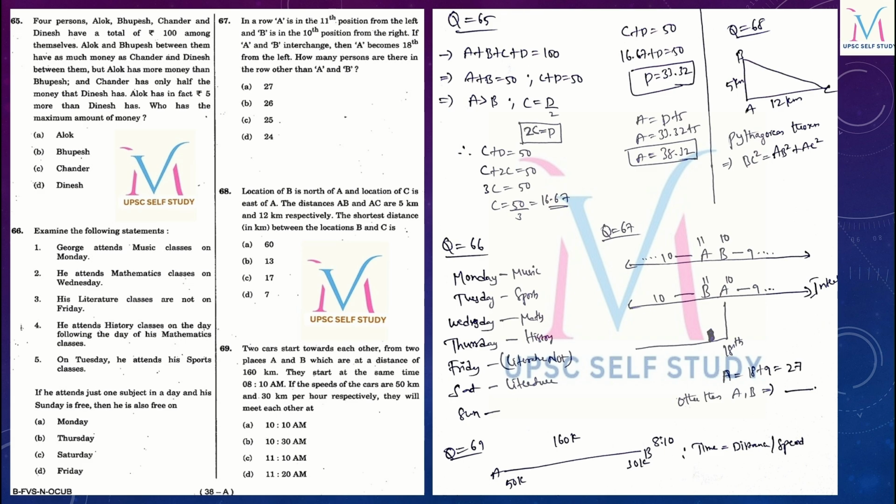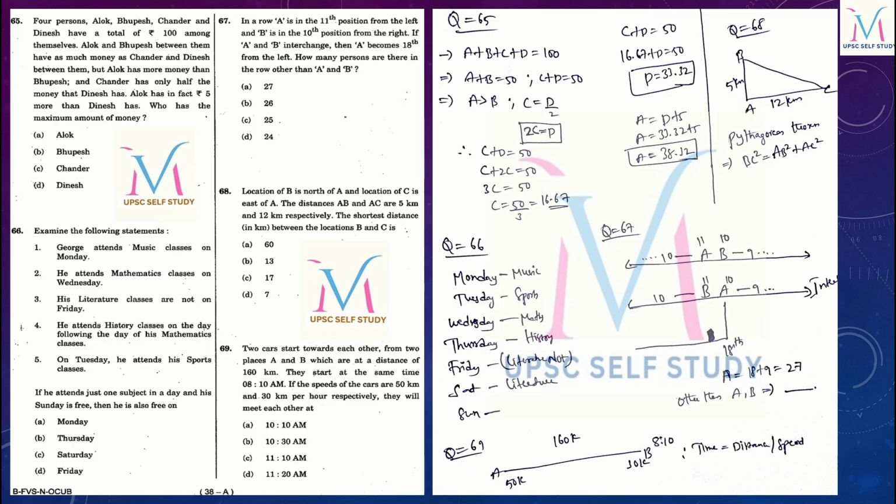If A and B interchange, then A becomes 18th from the left. How many persons are there in the row other than A and B? Okay, so look at the solution for 67.